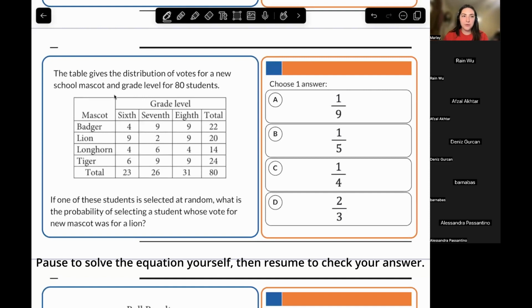Okay, as you put in your answer for this question, I'm going to pose another question using this data. So I'm just going to write it down here.